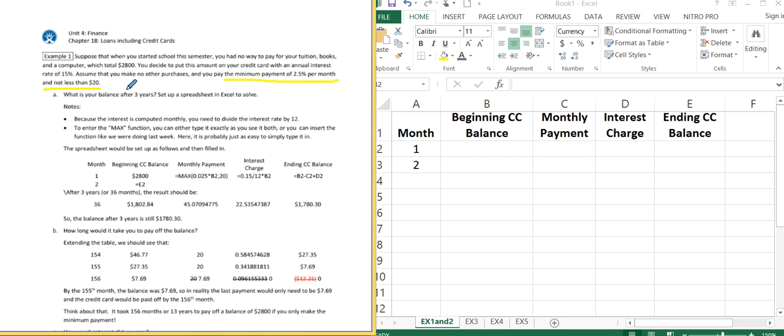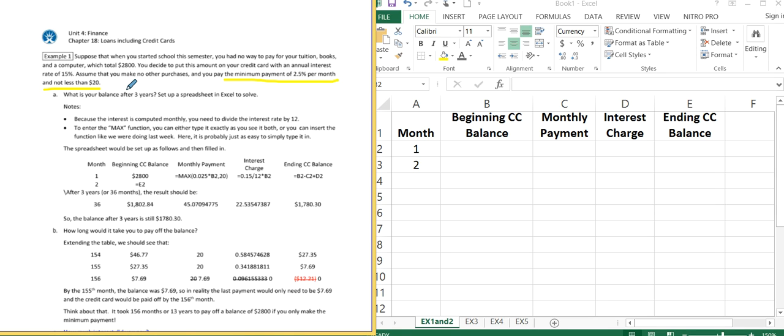Meaning, if you have a big balance, it'll be 2.5% of your balance on your card. But once that gets down, if that was under 20 bucks, they're not going to take $5 payments. Once that balance gets low, then they're going to say, well, now you got to send in at least 20 bucks. So whichever is more. So that's what we're going to first set up.